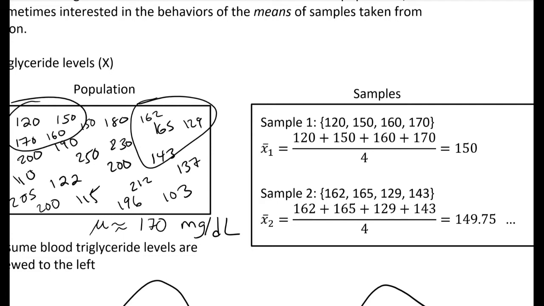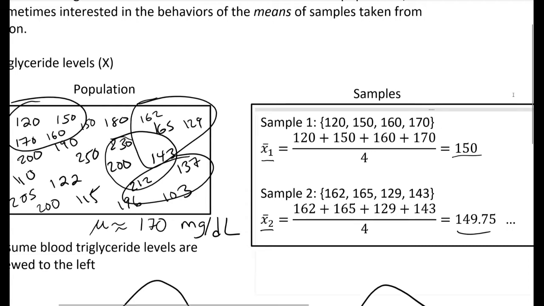And that's going to be called our sample mean, right? X bar. So the X bar for our first sample is 150. I simply add them up, divide by 4. The X bar for my second sample is 149.75. And I continue doing this for multiple samples until I get a distribution that I can graph.